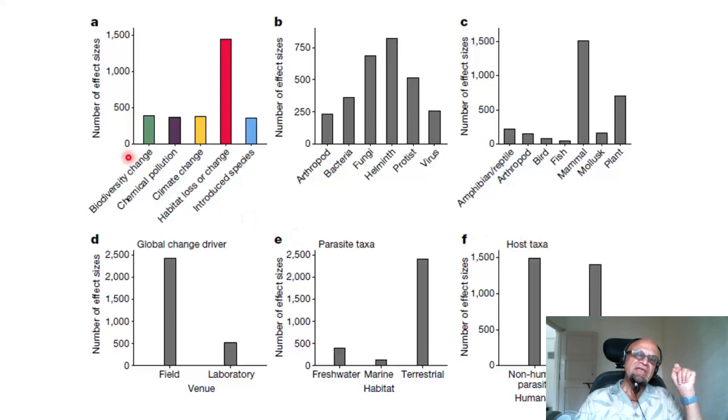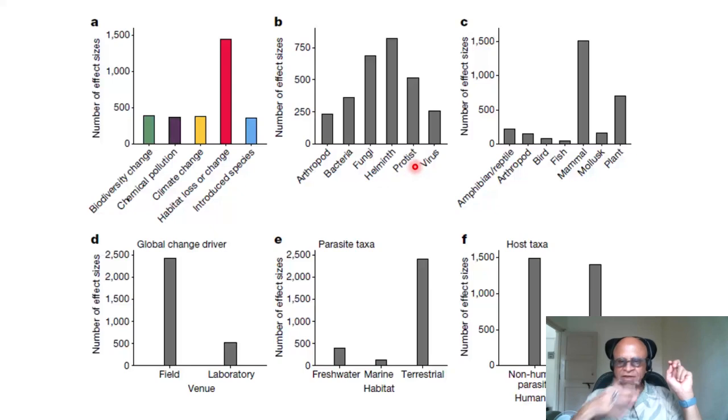Without going into too many details, the number of effect sizes, so you have biodiversity change, chemical pollution, climate change, habitat loss and change jumps out. Introduced species, they are all of similar order of magnitude. And when you look at specific species, you have arthropods, bacteria, fungi, helminth, protists, and viruses.